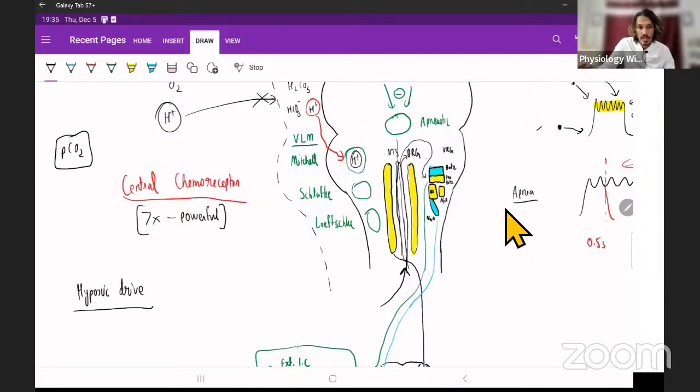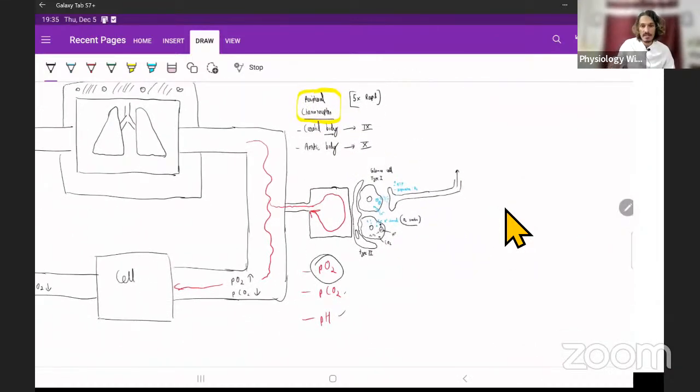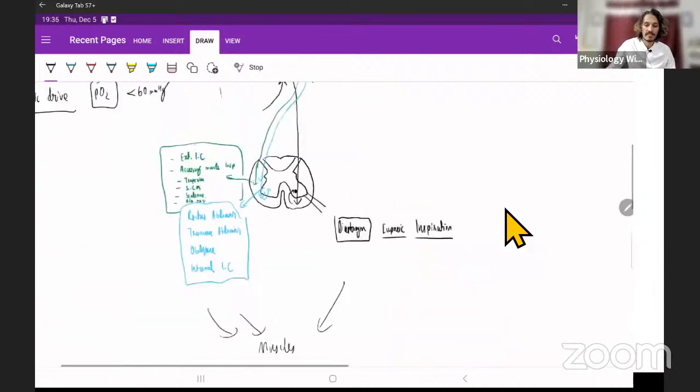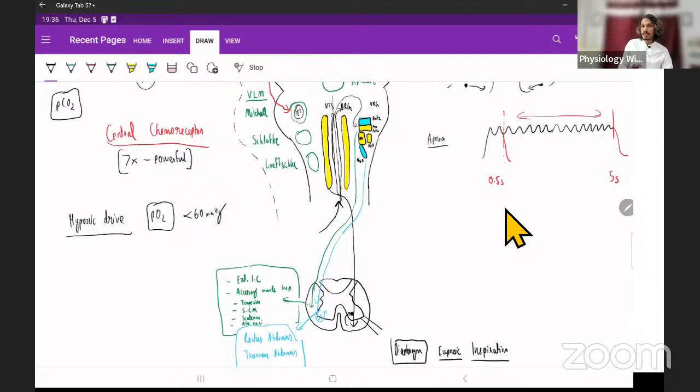This is where another terminology called hypoxic drive comes into play. Especially when your PO2 starts falling and falls less than 60, that can result in a respiratory inspiratory drive, which is called a hypoxic drive. There, they're not looking at PCO2 anymore.